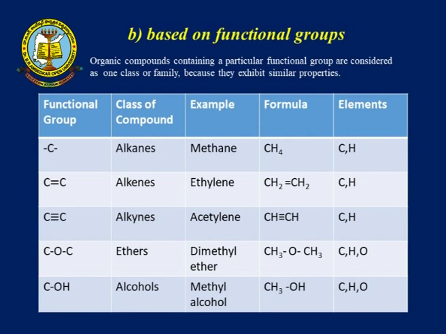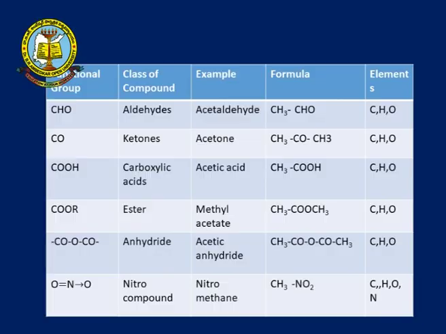And if the functional group is oxygen, they are called ethers. And if the functional group is OH, a hydroxy group, the compounds are known as alcohols. Similarly, if a CHO group is present, they are called aldehydes. And if a group such as CO is present, they are called ketones.